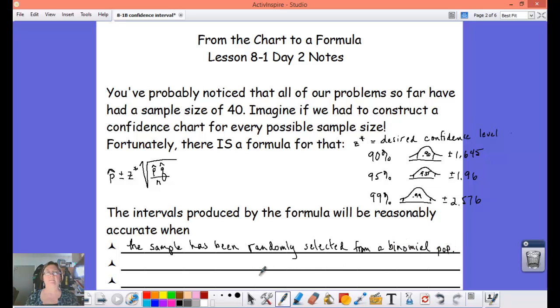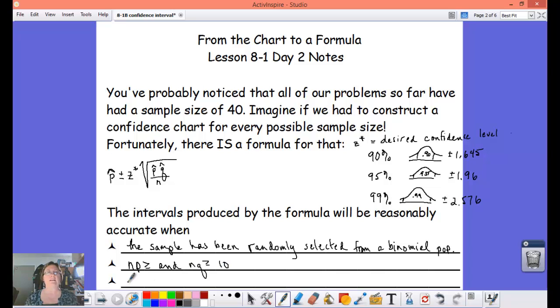The second criteria, the thing that will get us a reasonably accurate confidence interval, is we need to have a large enough sample size to assure that both np and nq are greater than or equal to 10. Again, that sample size requirement, we want to use large enough samples to guarantee that np and nq are both greater than or equal to 10.